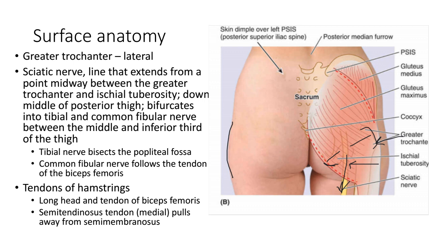The tibial nerve bisects the popliteal fossa, and the common fibular nerve follows the tendon of the biceps femoris. You should also be able to palpate the long head and the tendon of the biceps femoris muscle, and you should also be able to palpate the semitendinosus muscle, which is medial.